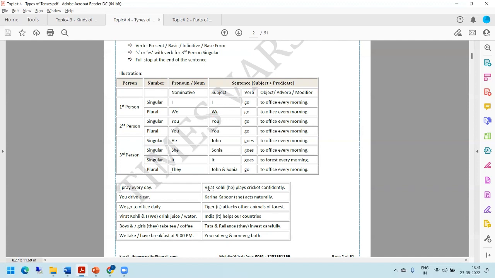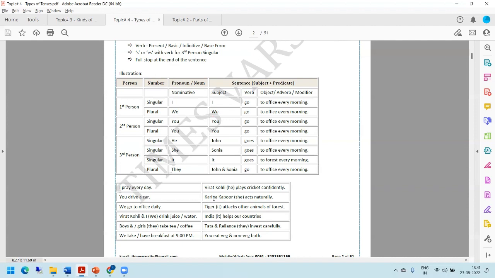Now, look at this one. Virat Kohli plays cricket confidently. Instead of the noun Virat Kohli, we can say he plays cricket confidently. Since it is third person singular, s is added to the verb play, because play is a verb. Similarly, Kareena Kapoor acts naturally.